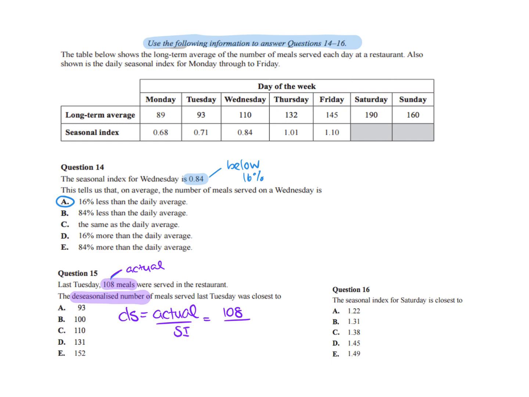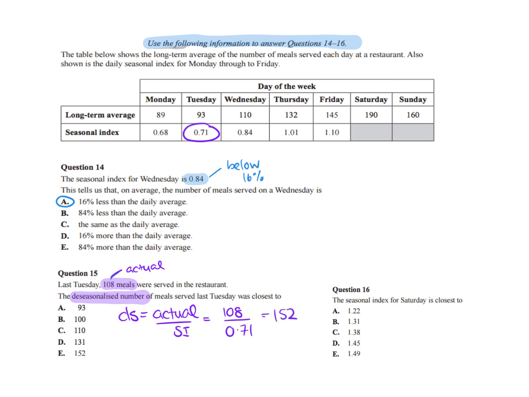Up at the beginning, they said this table can be used for questions 14 to 16. So I need to go and get Tuesday's seasonal index, which is 0.71. So we'll do 108 divided by 0.71. It is going to be 152.